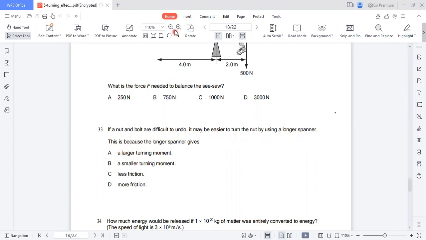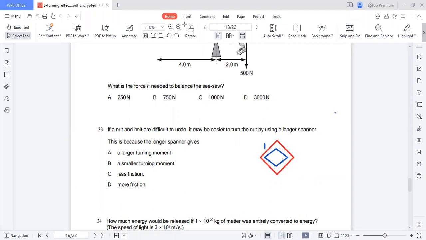This is because, let's assume that we have a nut like this, and we have a spanner.